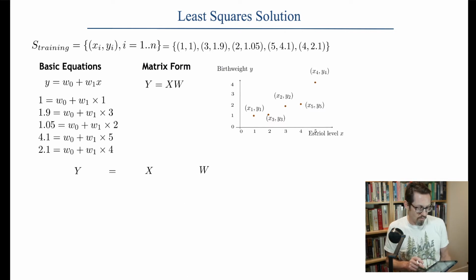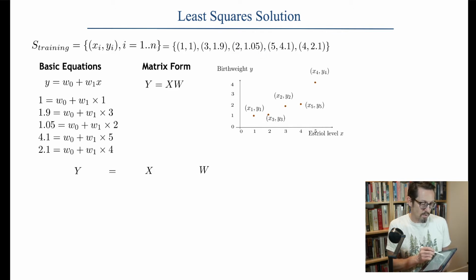Let me just throw a worked example at you. I don't want to spend very much time on this, but this is here in the slides if this is the kind of thing that helps you think. So if we have an actual training set where all these little dots are represented, here's 1, 1, here's 3, 1.9, here's 2, 1.5.